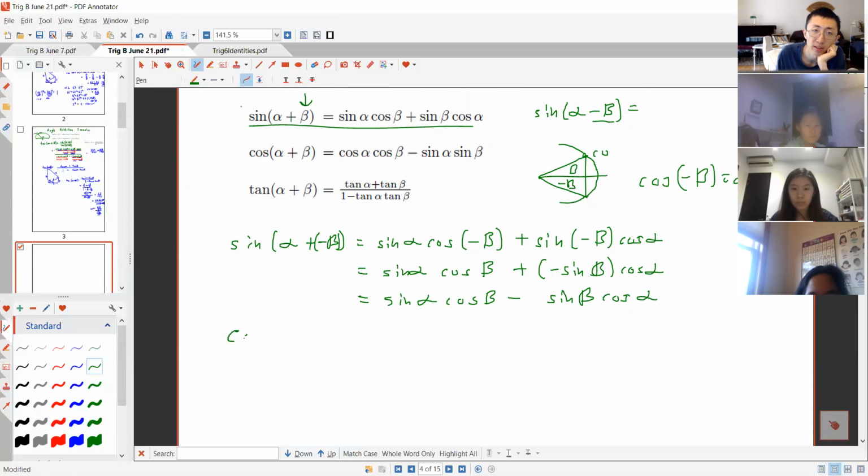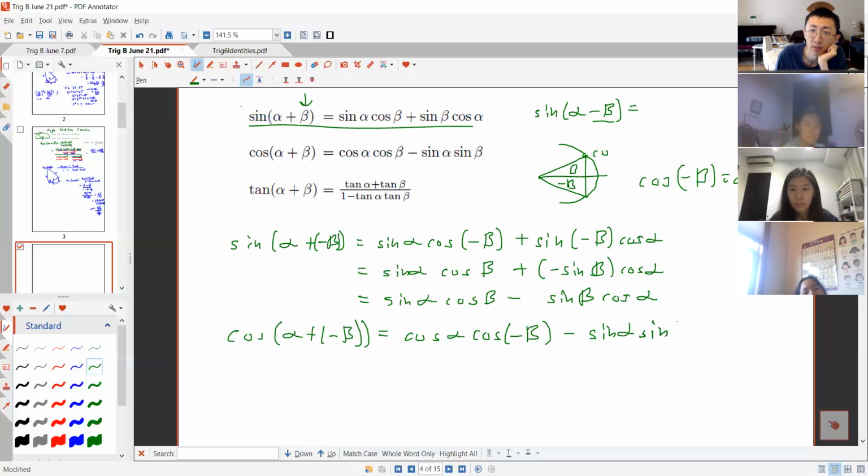So what if we did the same thing with the cosine? So this is cosine alpha plus negative beta. If I plug it in blindly, I'll get cos minus sine alpha, sine of negative beta. So again, the cosine of negative beta is the same as cosine of regular beta.